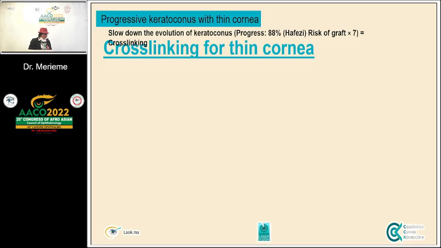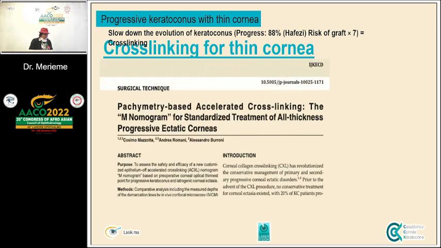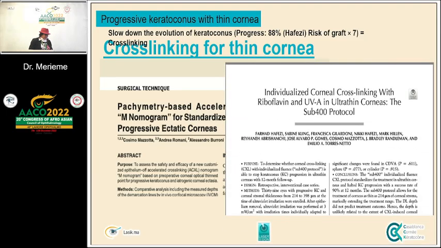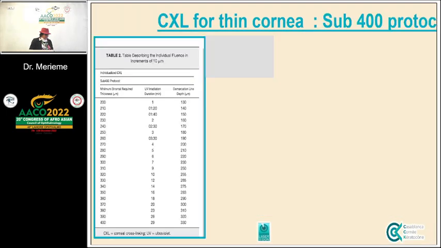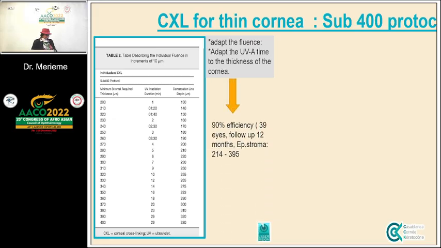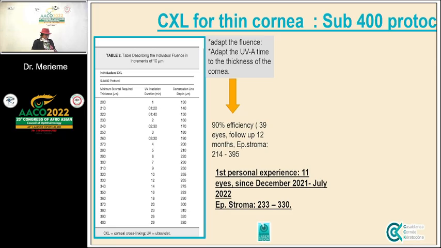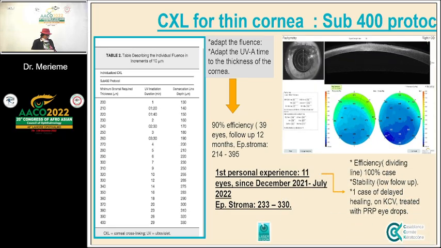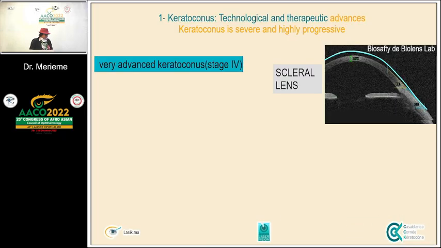Progressive keratoconus in thin cornea is one where we could do a graft, but the crosslinking of thin cornea is now possible with the new Parfait Hafizi, the sub-400 protocol. So given its efficiency, if we have a thin cornea, we can do it with this protocol, and we have good results.